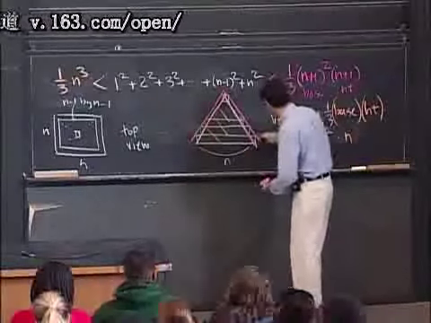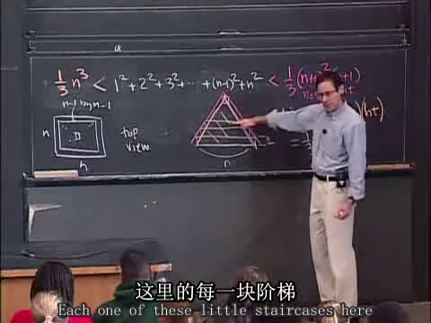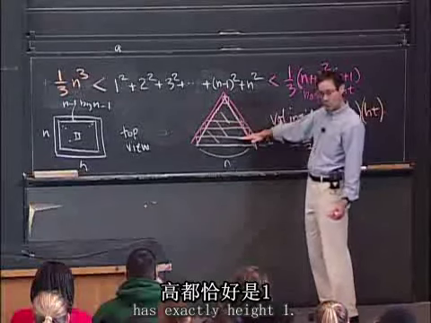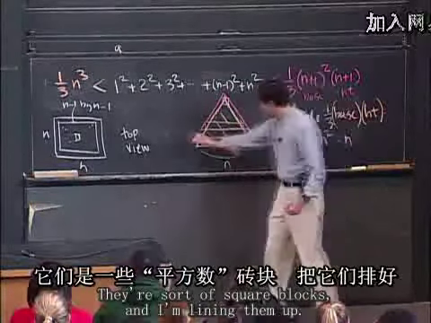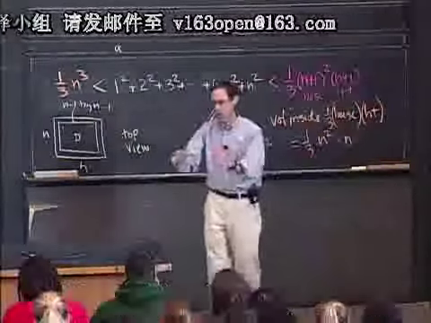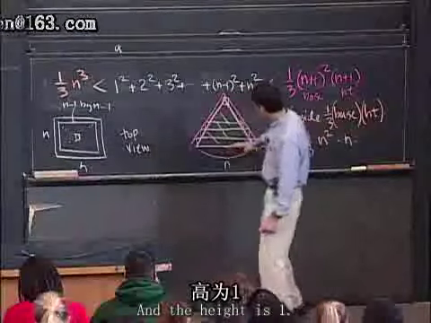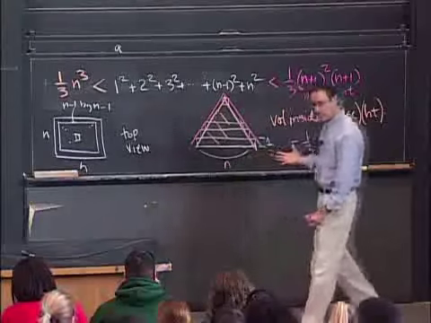Okay? Thank you for pointing that out. Each one of these little staircases here has exactly height 1. So I'm honestly sticking blocks there. They're sort of square blocks, and I'm lining them up, and I'm thinking of n by n cubes, if you like, honest cubes there. And the height is 1, and the base is n squared. Okay?